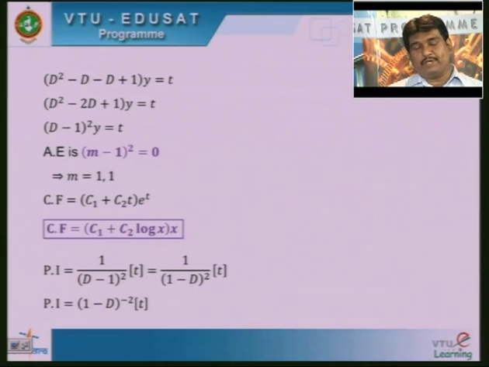Of course, in this case binomial expansion is easy. I'll tell you what the difficulty in the division method is, because I have to expand it. If I expand 1 minus D whole squared, I'll get 3 terms, maybe lengthy in this case. But in most of the cases, the division method is easy. Here, as there are only 2 terms, expansion is easy, and we got PI in 2 steps only, standard expansion.